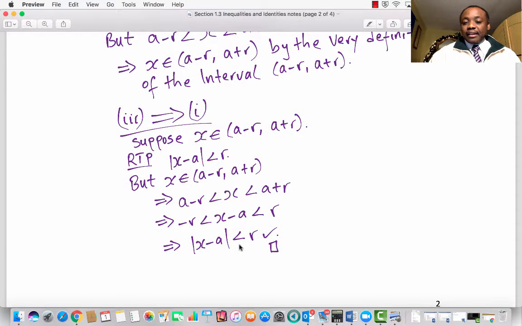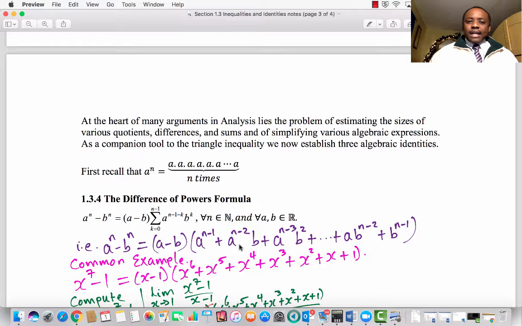And we're done. Now, at the heart of many arguments in analysis lies the problem of estimating the sizes of various quotients, differences, and sums, and of simplifying various algebraic expressions. As a companion tool to the triangle inequality, we would now establish 3 algebraic identities.